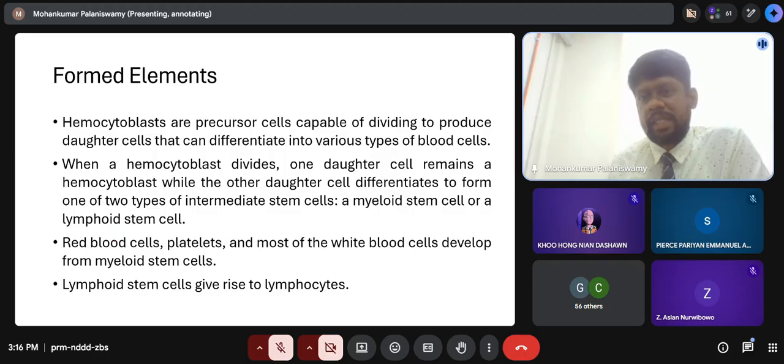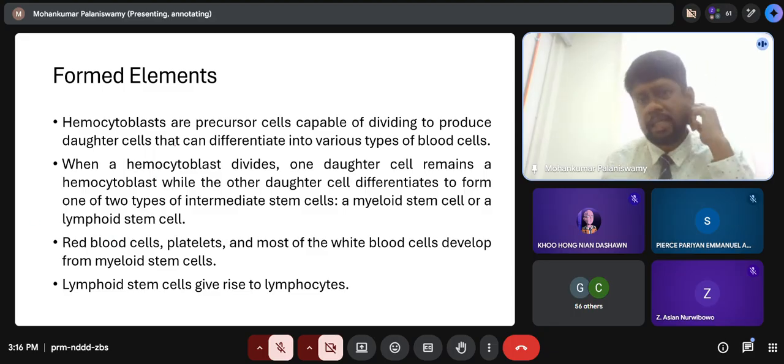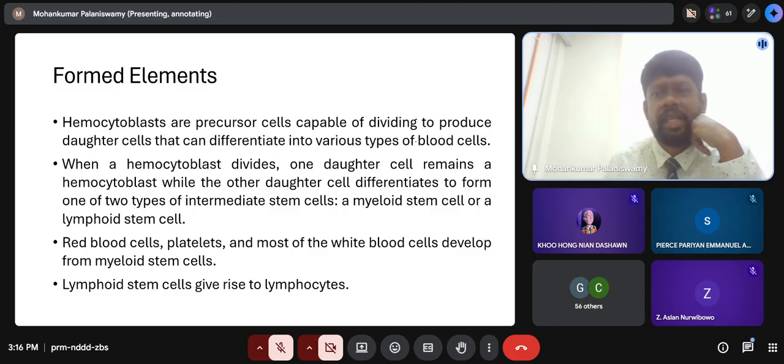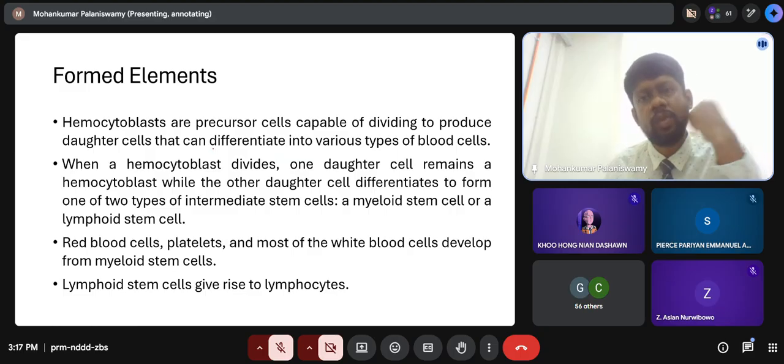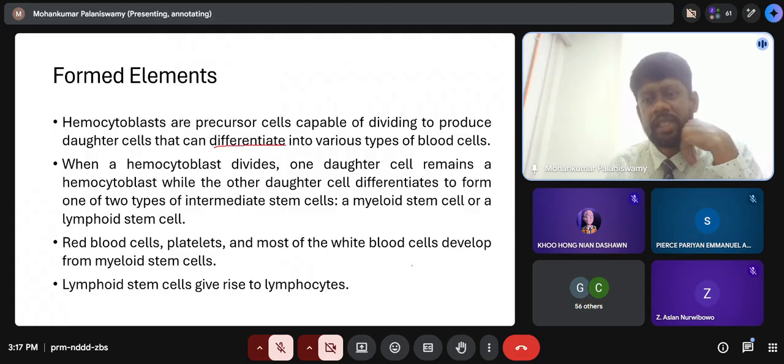So many texts, but let me try to explain it in simple terms. Hemocytoblasts are the precursor cells capable of dividing to produce daughter cells that can differentiate into various types of blood cells. Differentiate means one cell gets transformed into another cell. Proliferate means one cell gets divided into two cells.